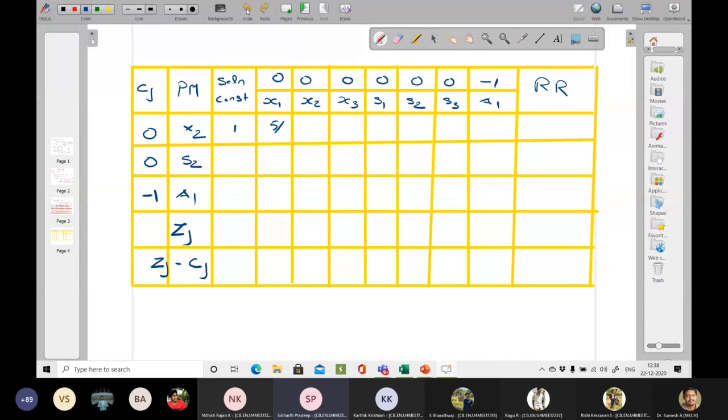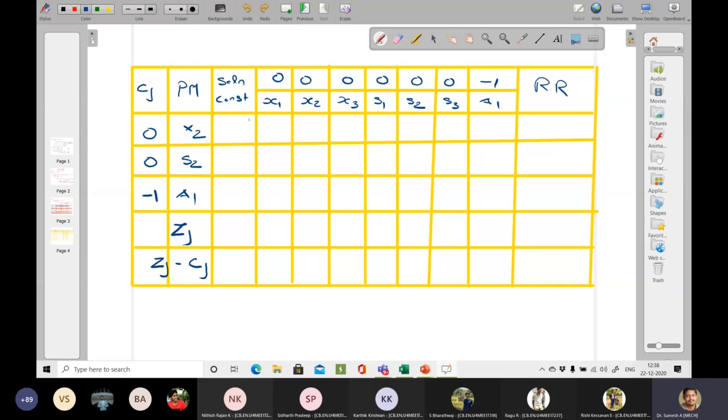No, x1 is 1, sorry. Then x2 is 5 by 7. I don't know, sir, whether it's right. What is the value under solution constant? The value is 1.